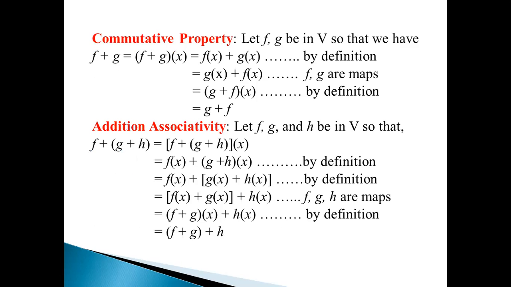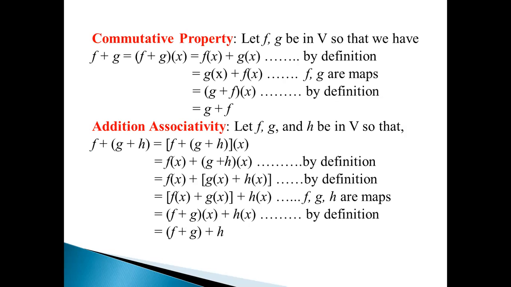Next, we show commutativity. Consider f and g in V, so that f plus g of x, by definition, is equal to f of x plus g of x. Once you have f of x plus g of x, you are no longer inside the maps; you are in the realm of the field, which means you can treat them the way you would have treated real numbers.